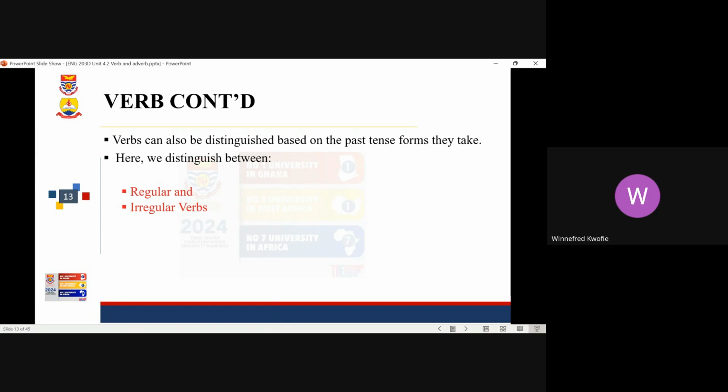But the non-finite forms will be the ing forms, the en form, the participle verbs in the participial form. I think those ones are always used with the tenses.